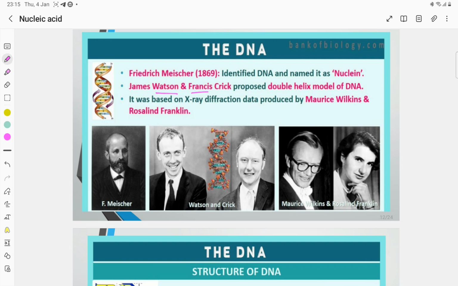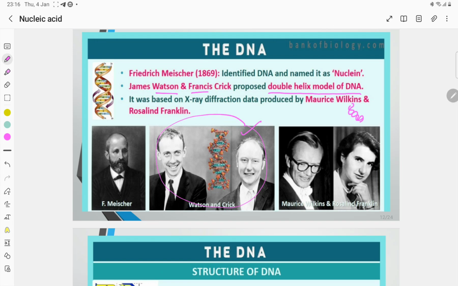They proposed the double helical structure model of DNA. According to them, DNA has a double helical structure in which two polynucleotide chains move opposite to each other and coil around each other. Later on it was accepted by many people, and in 1953 these two got the Nobel Prize.